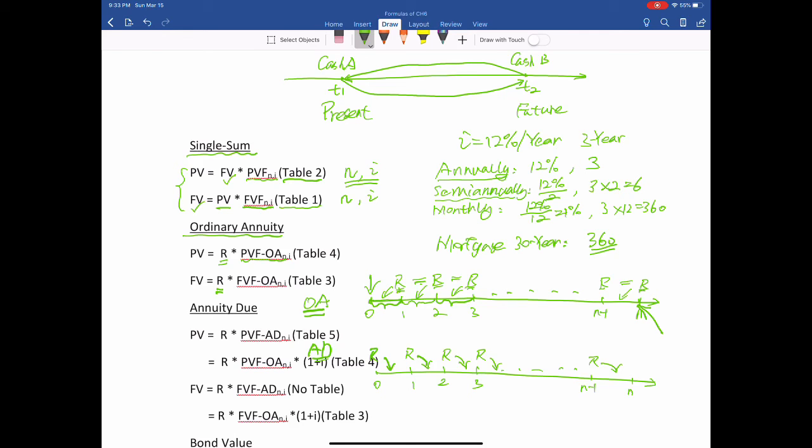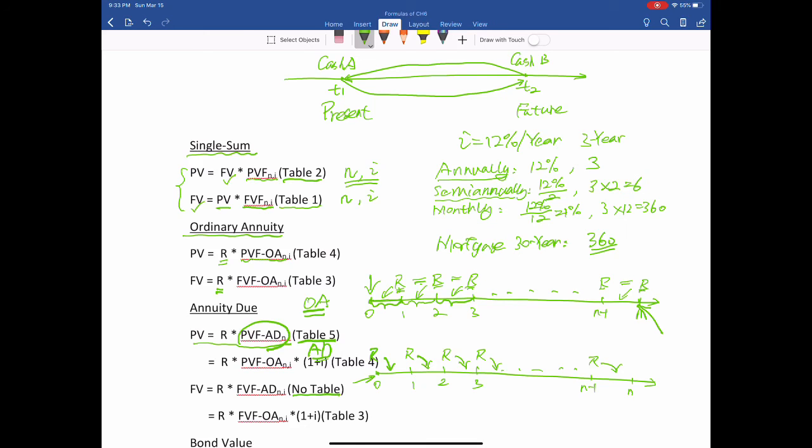Same, if we want to calculate the present value of annuity due, here we can apply this formula. It represents the present value of the annuity at this time point. And this is the present value factor of annuity due, which is available in table 5. And if we want to calculate future value, there's no table, but there's no problem.